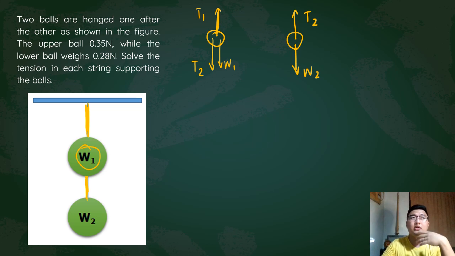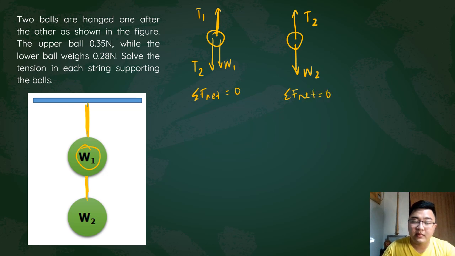When an object is in equilibrium, again, the total force acting on that object must be equal to 0. So we know that the net force here is 0, and the net force here is also 0. But what would the net force be equal to when we express it in terms of all of the forces?